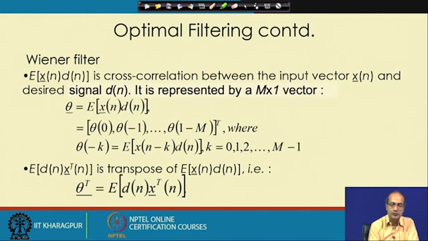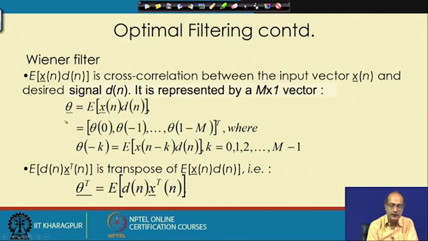Okay. Now, this gives us the cross correlation between the two signals, and we represent that by this term theta.